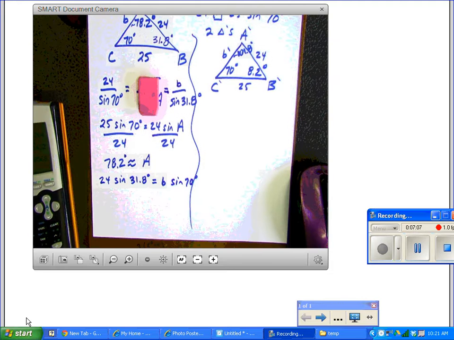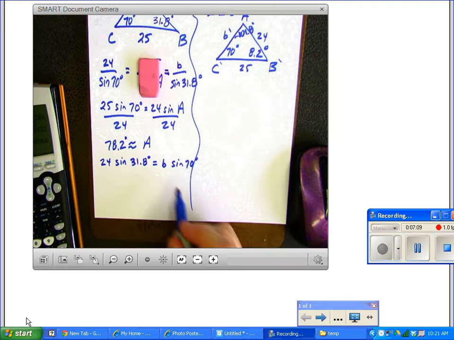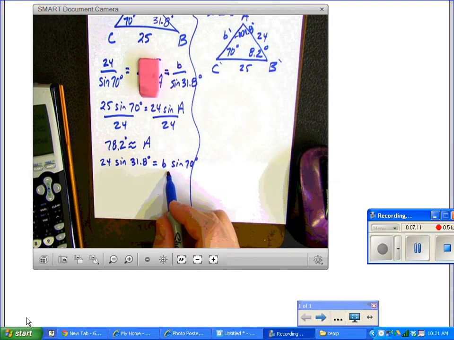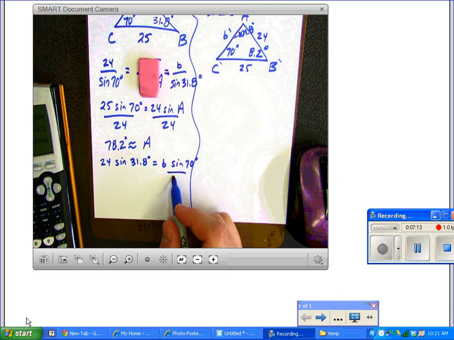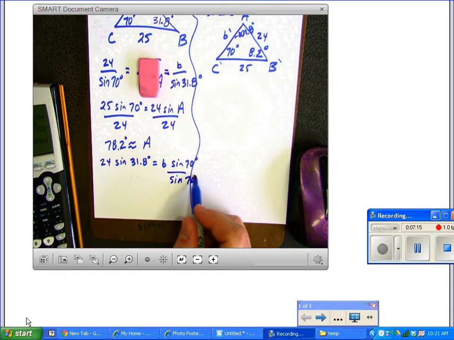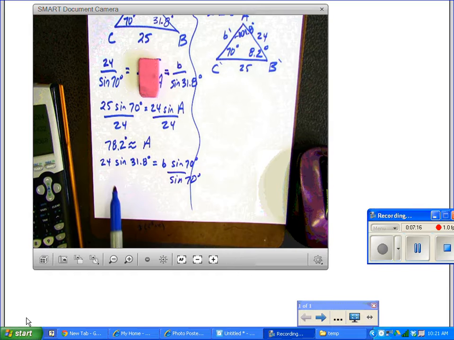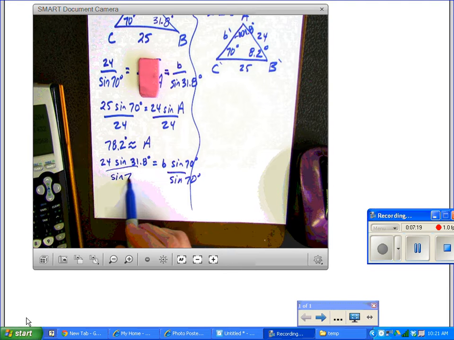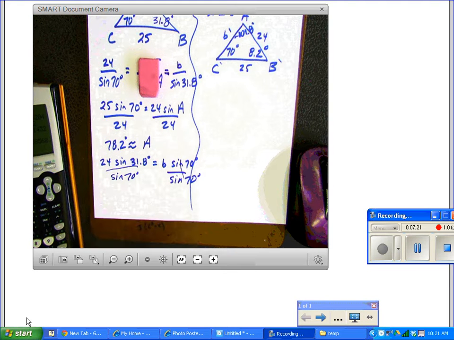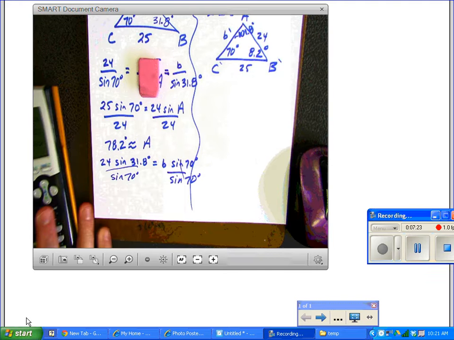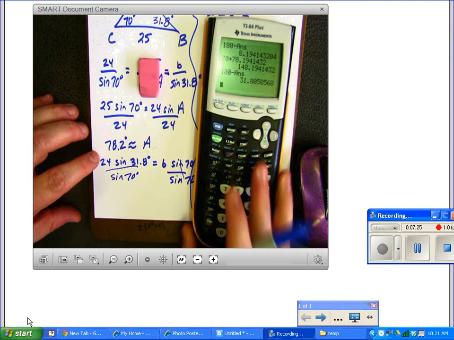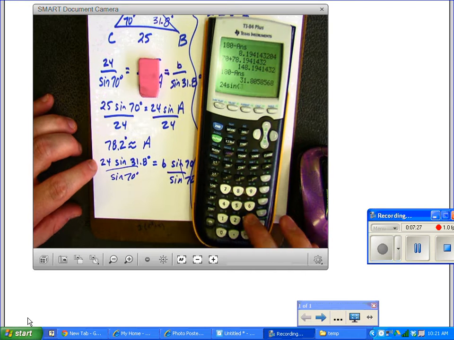Now help me solve here a little bit. Divide by sine 70. And notice that little b is a side, so I'm not going to have to take any kind of inverse. So 24 sine of 31 point, oh, I messed up, didn't I?